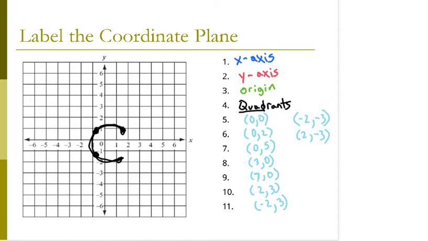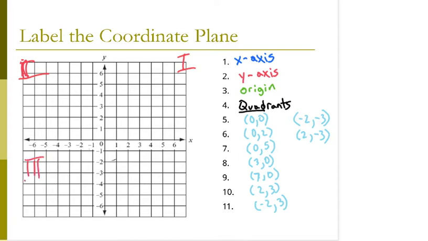So that is how we're going to number our quadrants. We use Roman numerals for the quadrants. So this is quadrant 1. This is quadrant 2. This is quadrant 3. And this is quadrant 4.